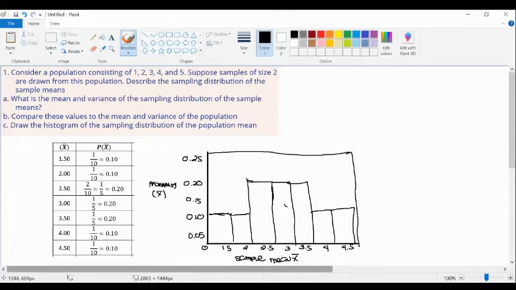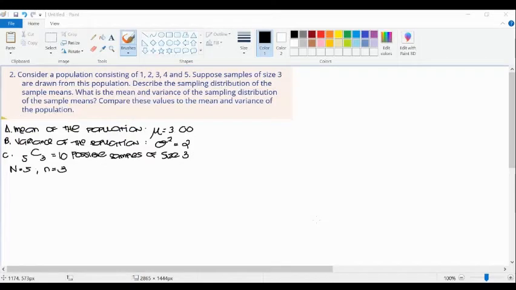Let's proceed to example number 2, that is sample means from a finite population. Consider a population consisting of 1, 2, 3, 4, and 5. Suppose samples of size 3 are drawn from this population. Describe the sampling distribution of the sample means. What is the mean and variance of the sampling distribution of the sample means?